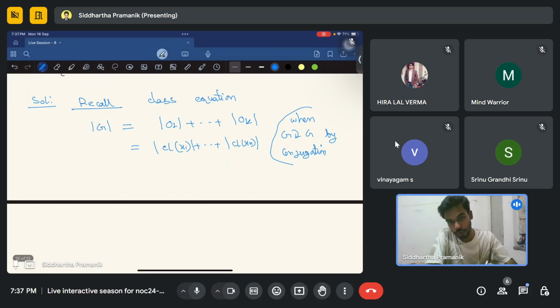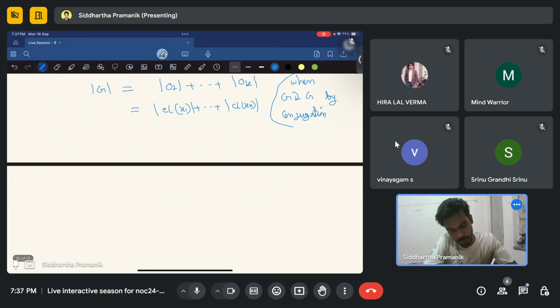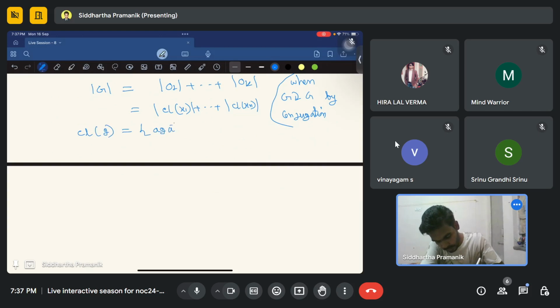So what is a conjugacy class? Let me recall for you. The conjugacy class of an element g is the set of all conjugates of g. And in this action, what are the stabilizers?